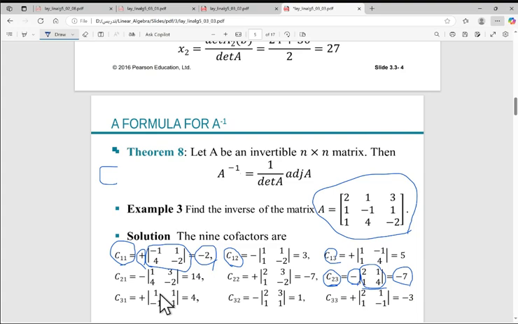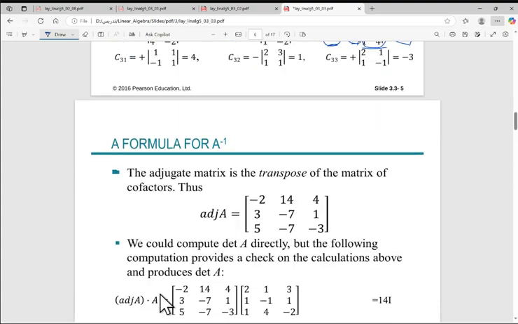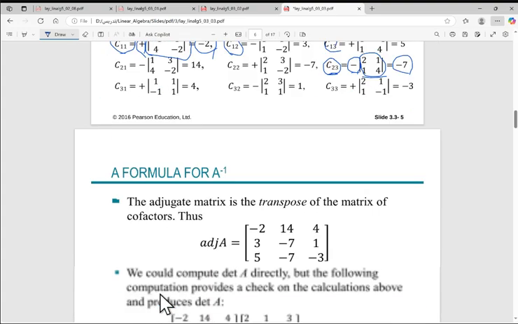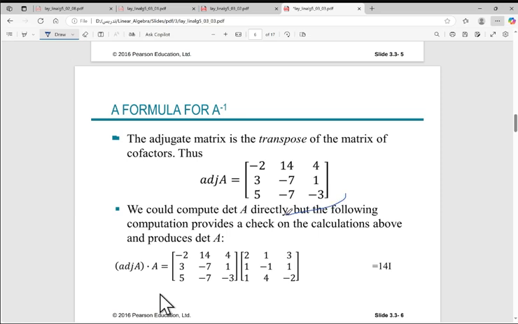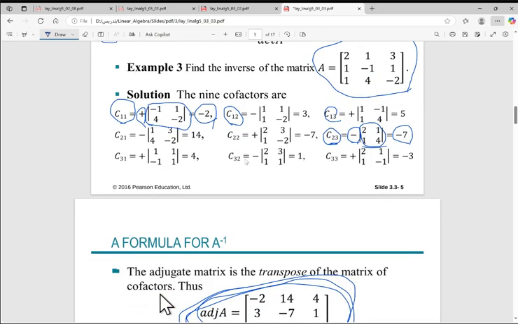And you take the transpose of this matrix and you have the adjugate. Right? So what is matrix C?